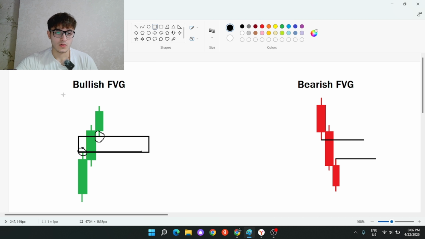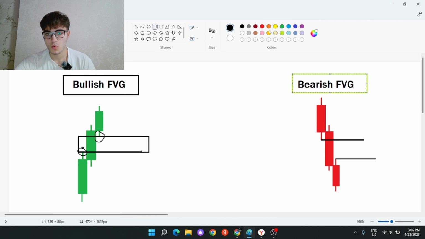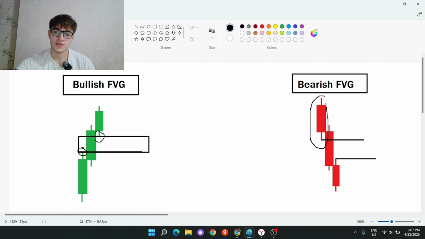That was the bullish fair value gap, and now I want to explain what a bearish fair value gap is. As I said, we're just looking at three candles. We have three candles here, and we look at the gap between the first candle, because we are bearish, and the third candle.